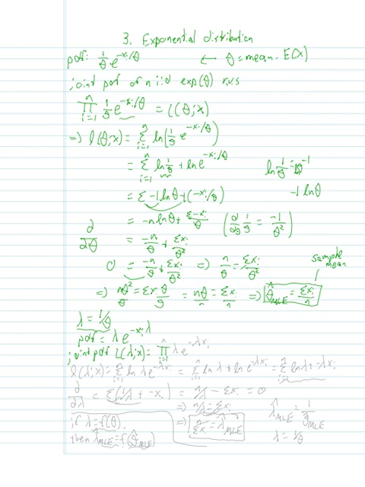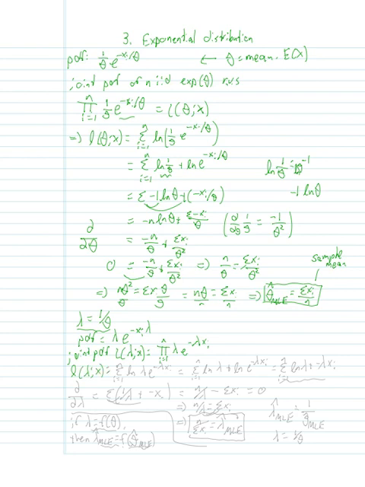is the product of n IID exponential distributions with lambda instead of theta, right?